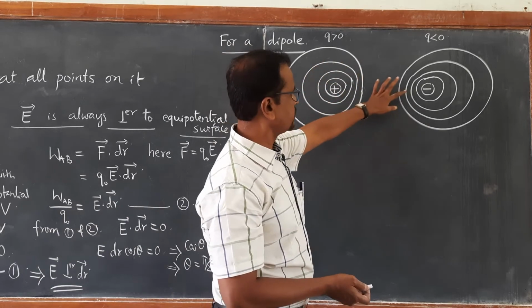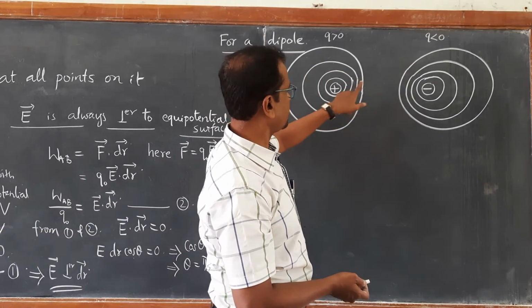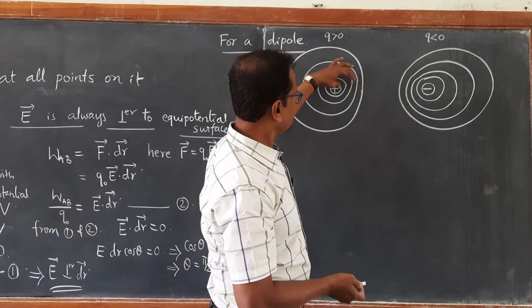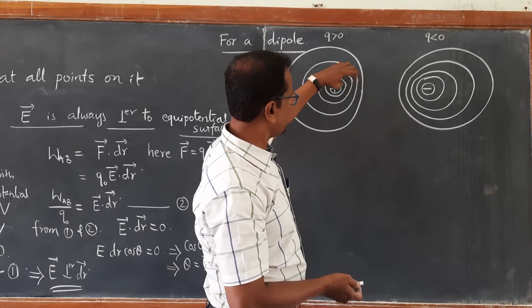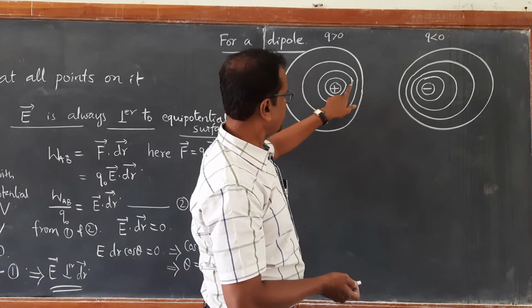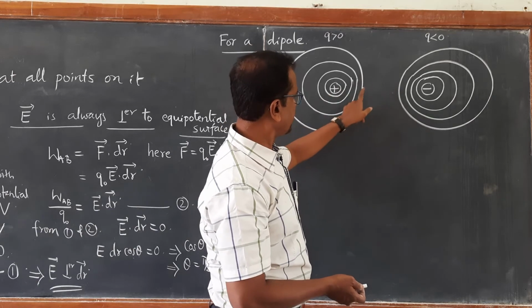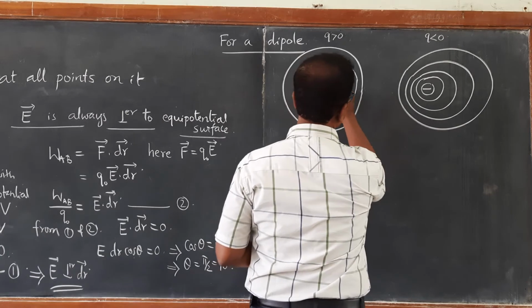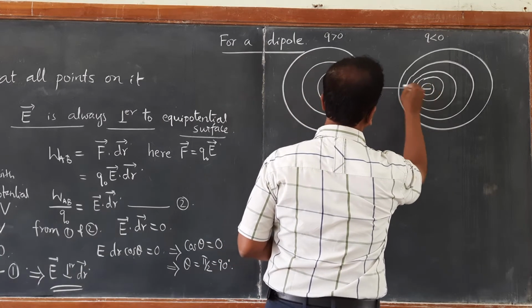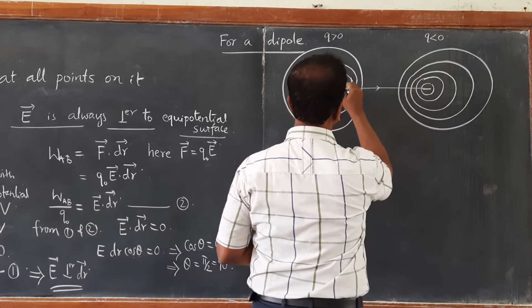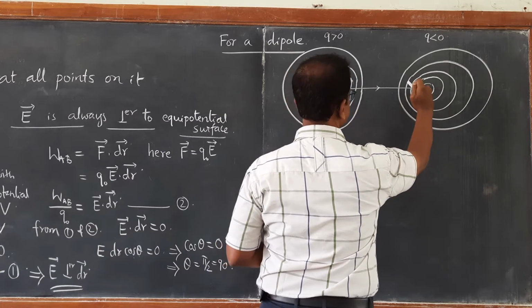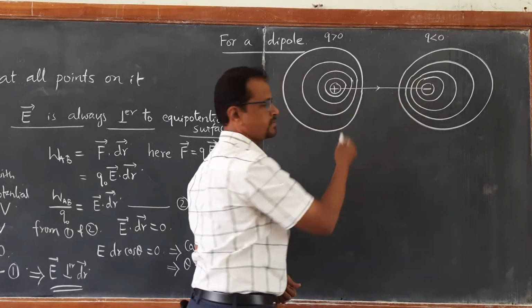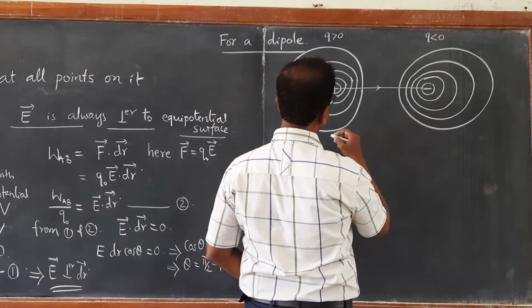Therefore, because of the attractive interaction, you see the equipotential surfaces are lying closer and closer, and if you draw the electric field between them, it will be perpendicular at every point and it moves from the positive charge to the negative charge. It starts from the positive charge and ends at the negative charge.